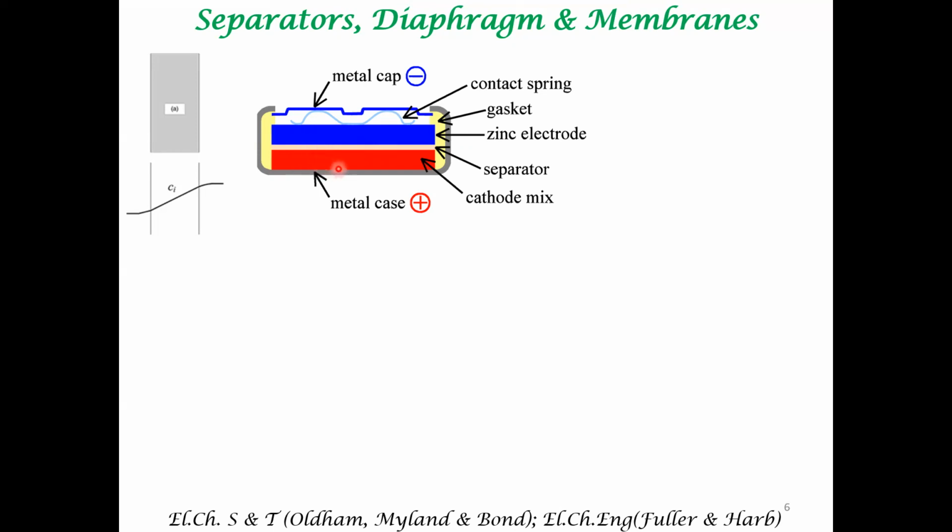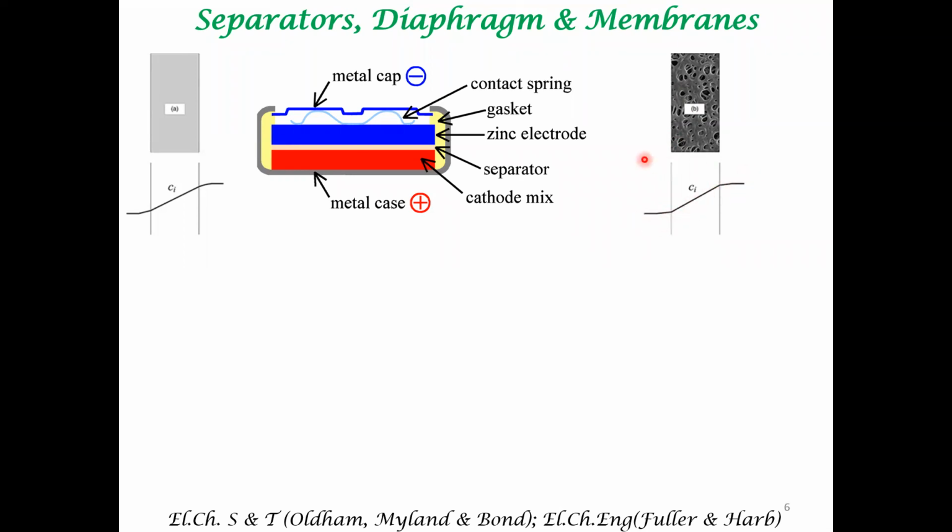Okay, so the separators have macropores, wherein these macropores are filled with electrolyte. So in this system, there is no separator, but here in this separator, you have filled these macropores with an electrolyte, and the concentration profile is something like this.